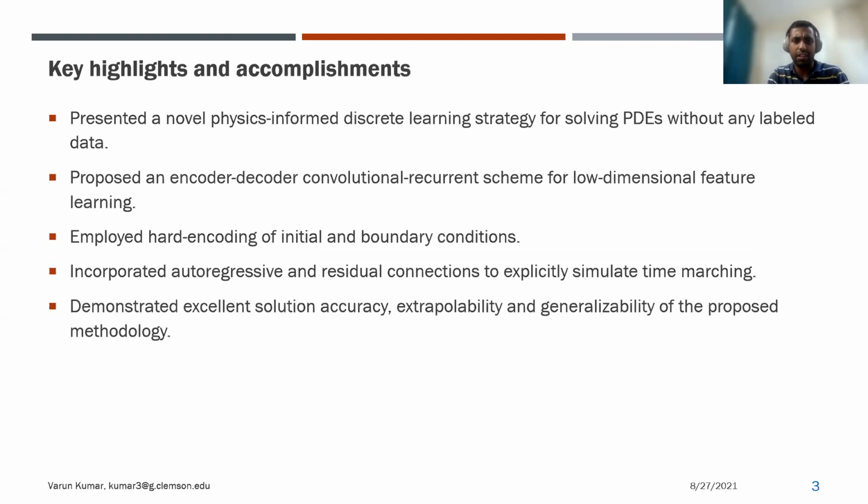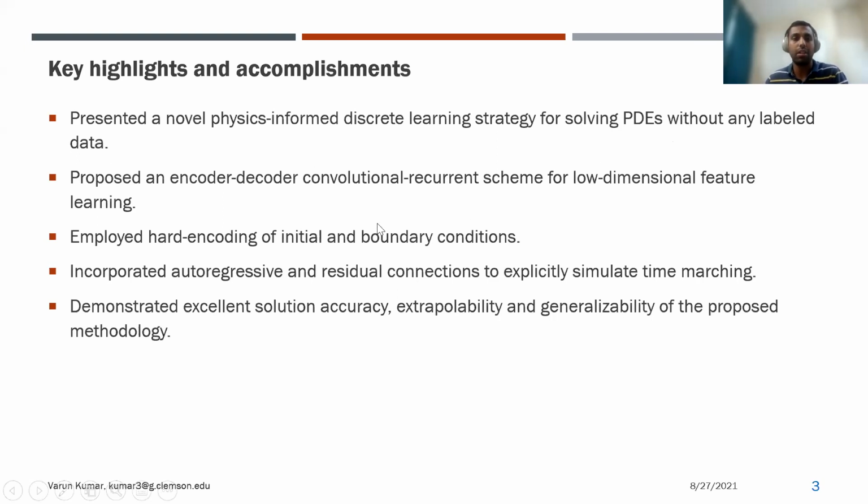So the key highlights from this work. The researchers presented a novel physics-informed discrete learning strategy for solving PDEs. One of the most interesting aspects of this work is that it was done without using any label data.